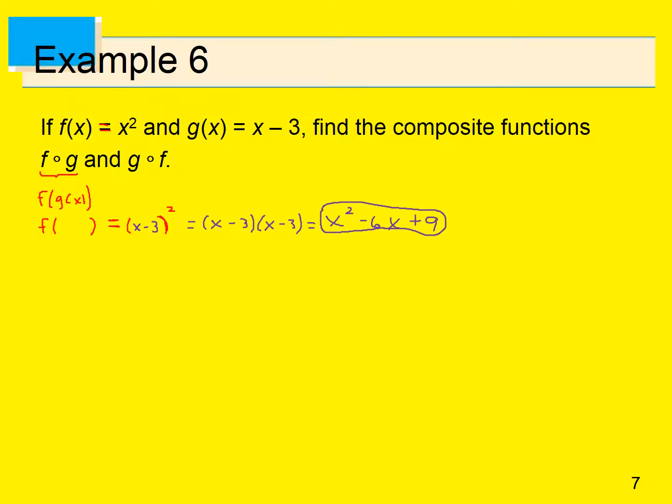And that would be the answer, right? That would be the composition of the two functions. And so we made a new function from the two, and it's a quadratic function, x squared minus 6x plus 9.